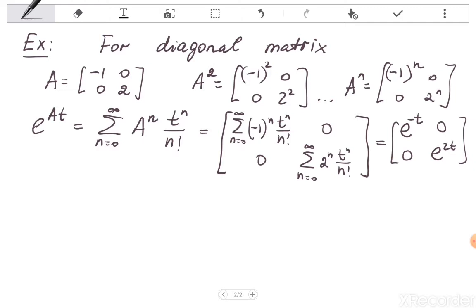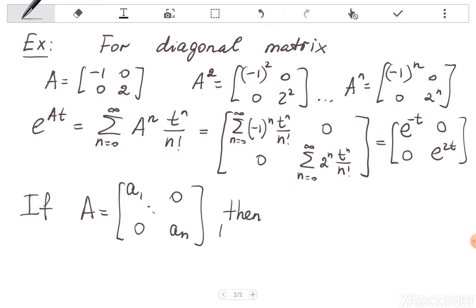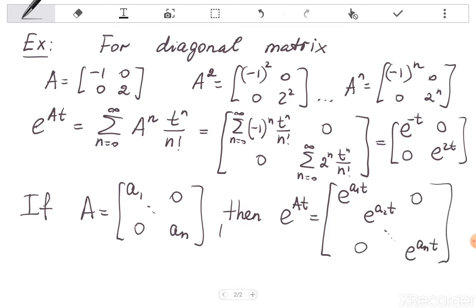And in fact, it can be proved that if we have a diagonal matrix, let's say an n times n matrix with a1 and so on to an on the main diagonal, then the exponent of this matrix is just taking the exponent of the main diagonal entries, e to the a1 t and so on to e to the an t, and zeros elsewhere.